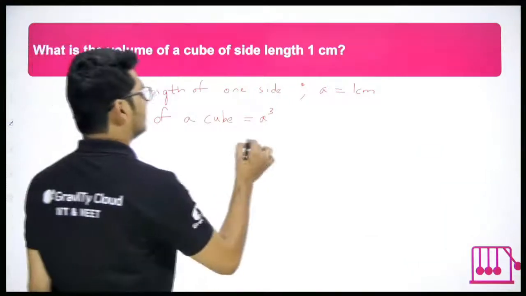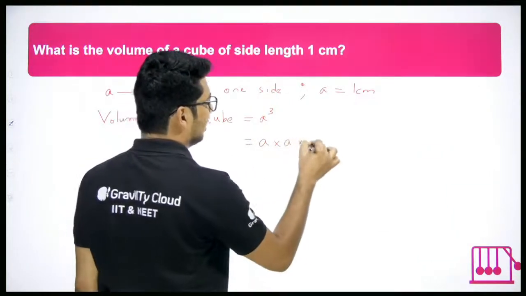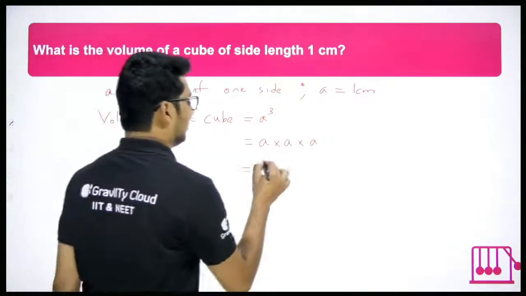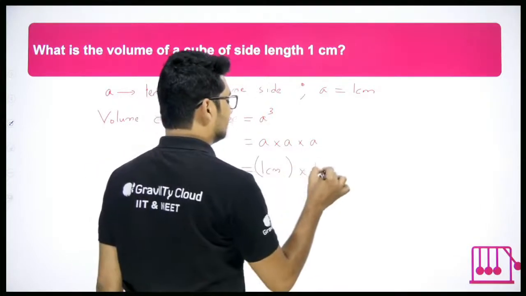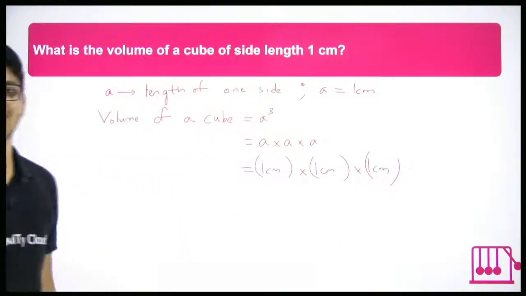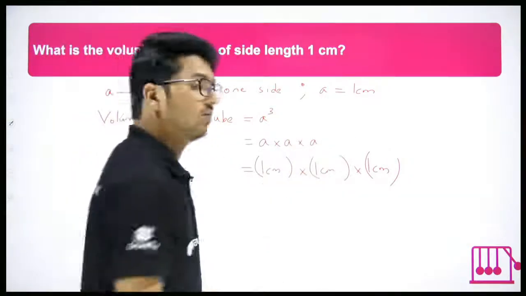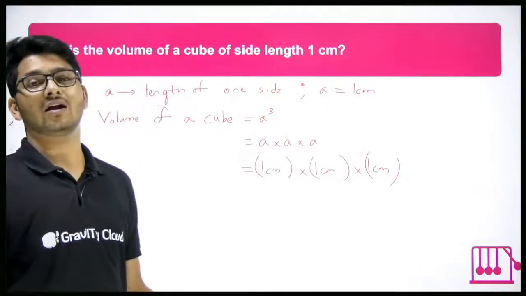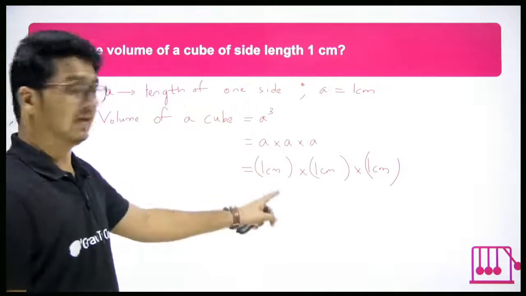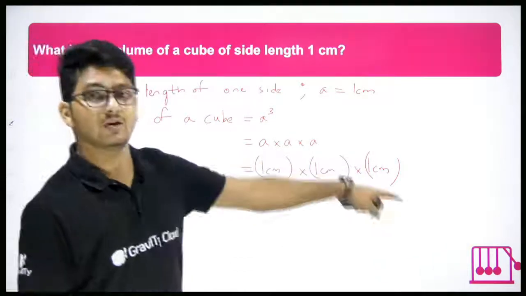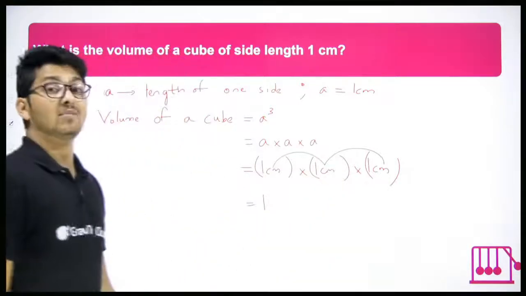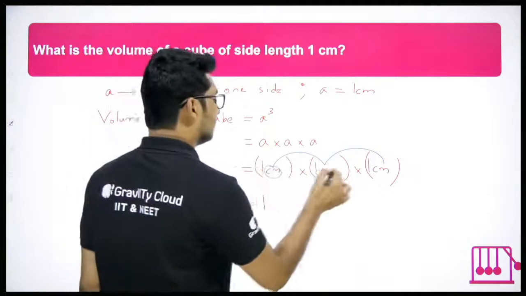So all that we have to do is A cube will mean A into A into A. In place of A, 1 centimeter, then again into 1 centimeter, then again into 1 centimeter. Now if you look at this, it is 1 into 1 into 1. What is 1 into 1 into 1? 1. But if I look at the unit, centimeter into centimeter into centimeter, how many times is centimeter coming? 3 times.